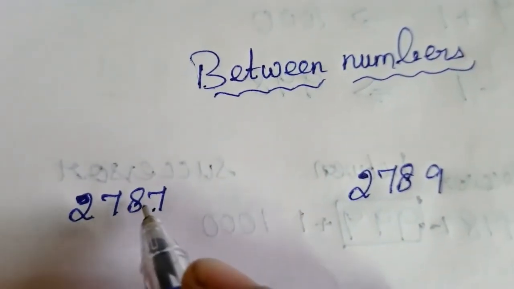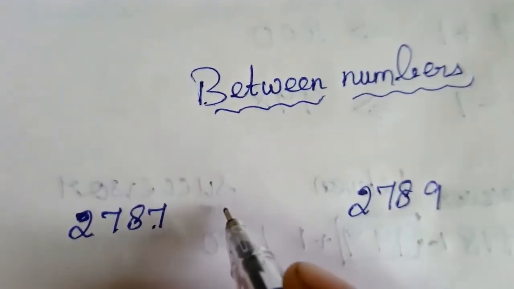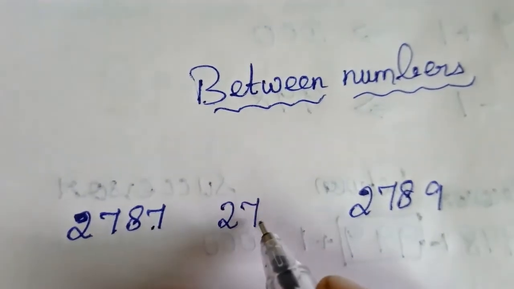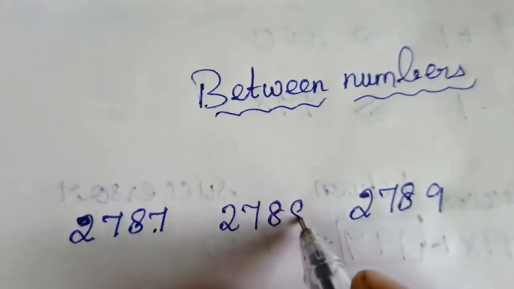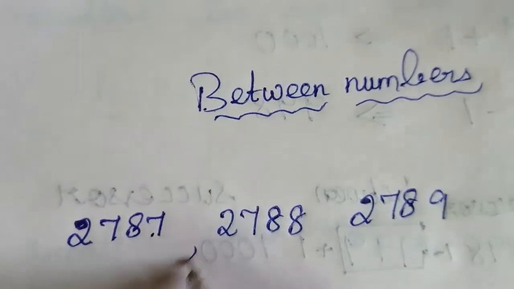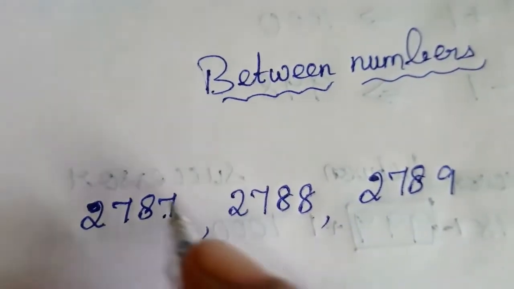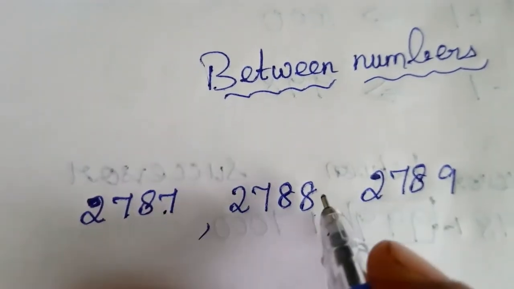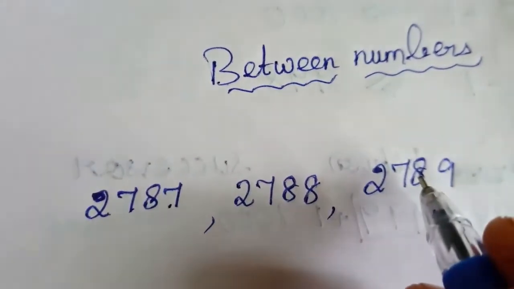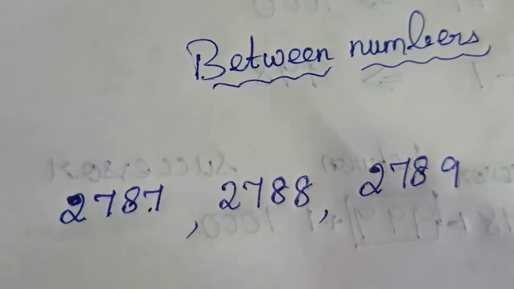Yeah, 2787, 2788, 2789. So this is the between number, and this is the predecessor of this number, and this is the successor of this number.